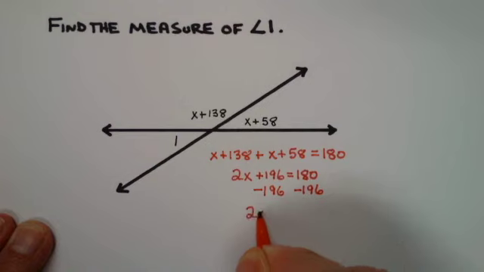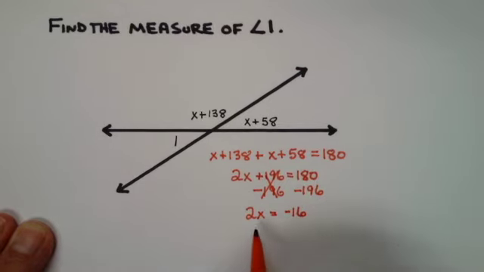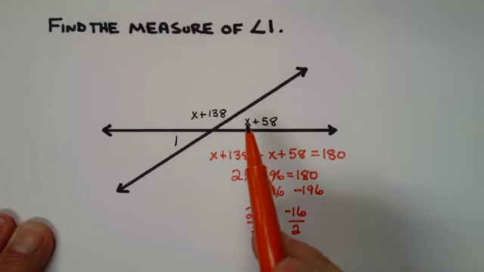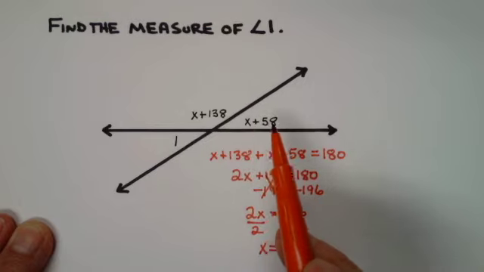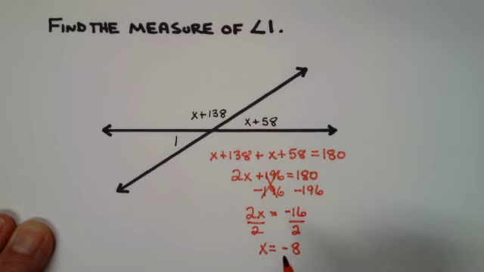I bring down my 2x. This cancels out, is equal to negative 16. I need to do the opposite of multiplying by 2. That's dividing by 2. X is equal to negative 8. I'm going to use this to help me determine what this angle measure is. This angle measure is x plus 58. But what is x? Negative 8.